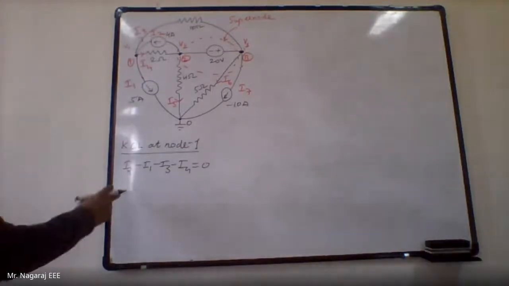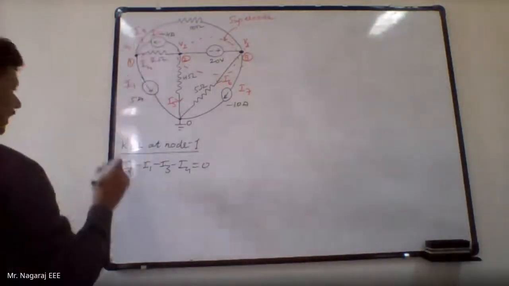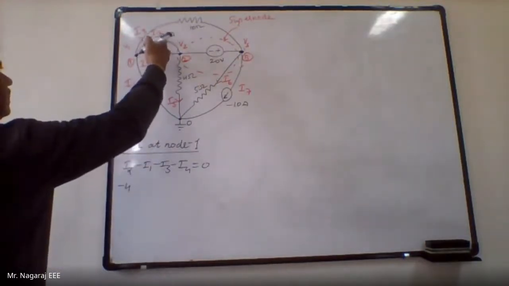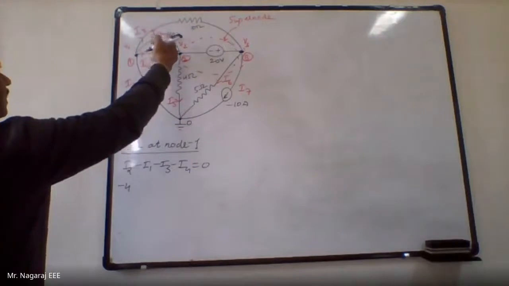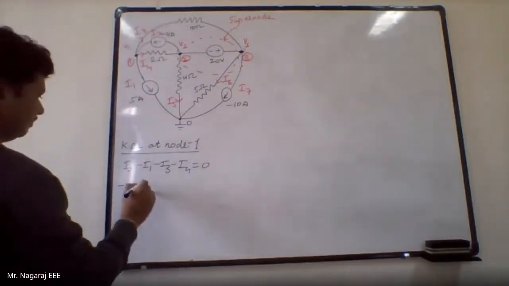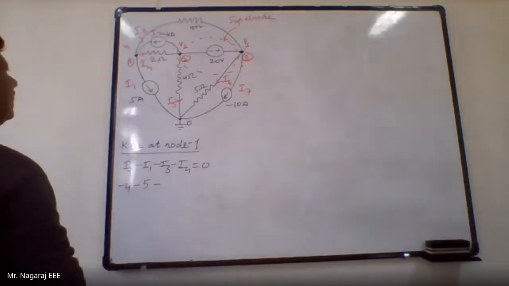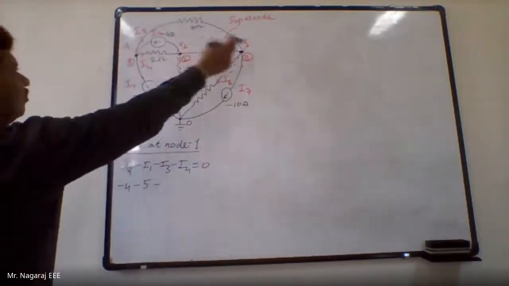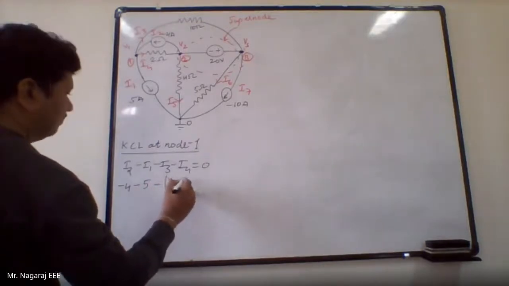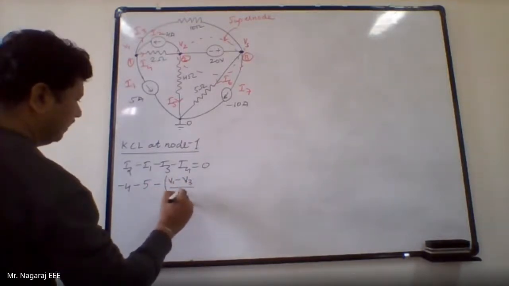Okay, so what is I2? I2 is minus 4, this is I2, not this, this is I3, this is I2. I2 is minus 4, minus I1, I1 is plus 5, minus I3. I3 is between node 1 and node 3, so that is V1 minus V3 divided by 10.